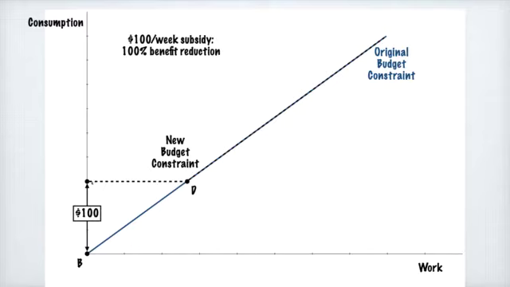For every hour I work above zero, in this region here, my consumption doesn't go up because all the money I earn from working gets taken away from that weekly subsidy until the subsidy is gone. So we've worked enough to get to point D. Now the subsidy that we were getting that was $100, we've worked enough that the subsidy is equal to zero. And after that point, for the hours worked after that, my income is going to increase and I'm going to be able to consume. So realize that how the benefit is structured impacts what the budget constraint looks like.